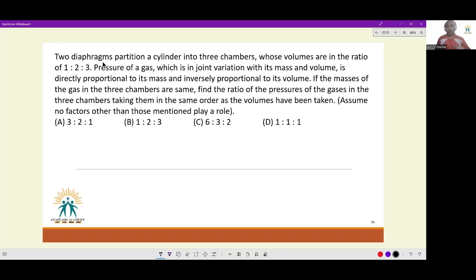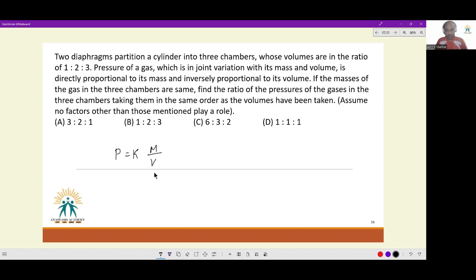Next, two diaphragms partition a cylinder into 3 chambers whose volumes are in the ratio 1 is to 2 is to 3. Okay. Pressure of a gas which is in joint variation with its mass and volume is directly proportional to mass and inversely proportional to volume. So pressure is equal to A times of mass by volume.